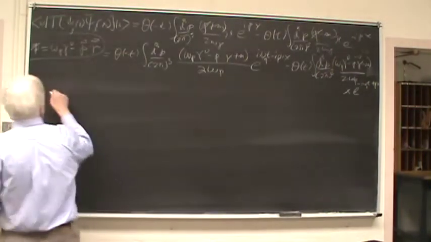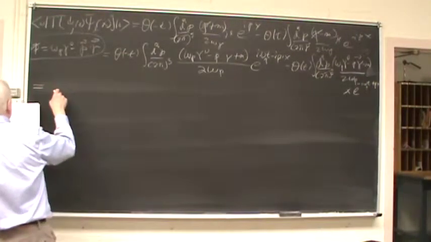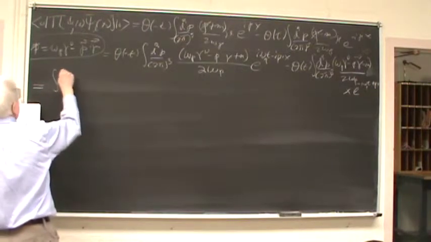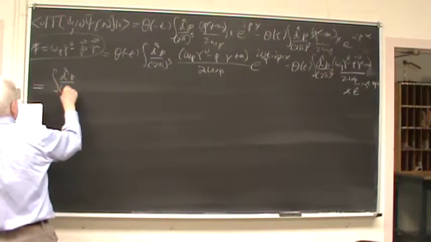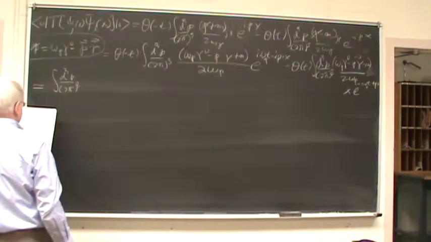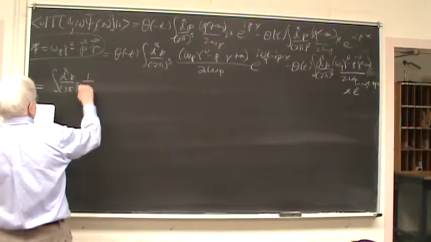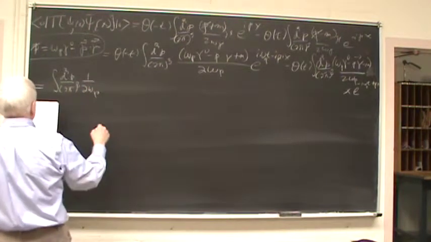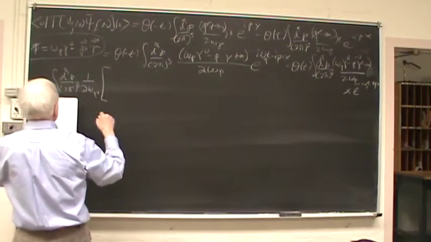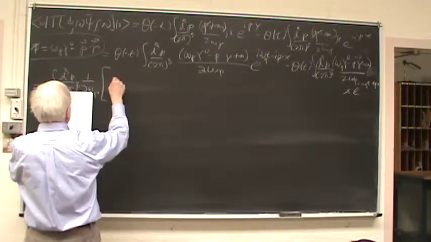And so this thing is then d cubed p over 2 pi cubed, 1 over 2 omega p. I think maybe I'll just leave that by itself so as not to write it twice.